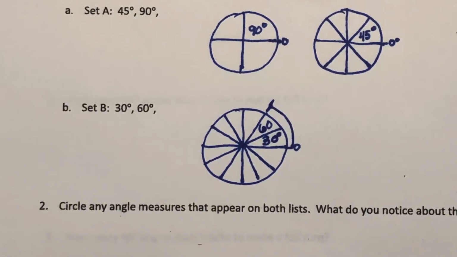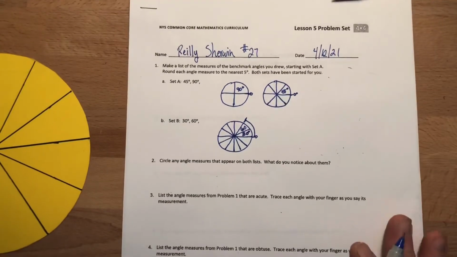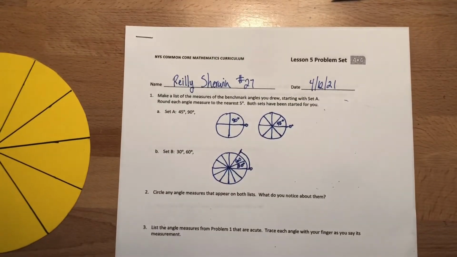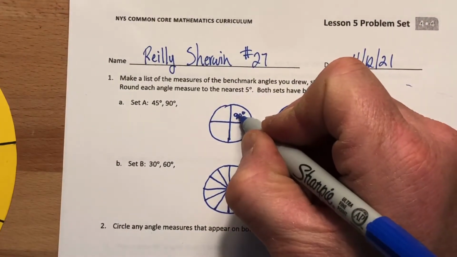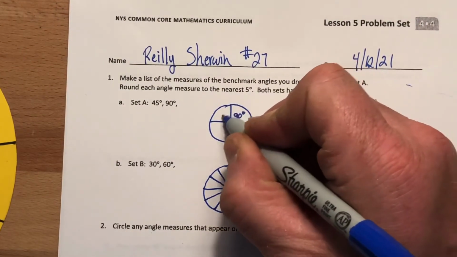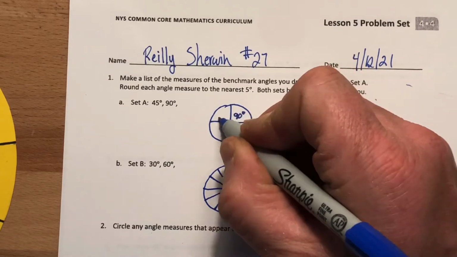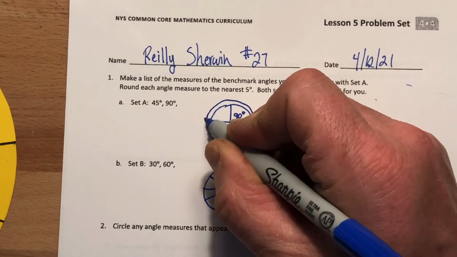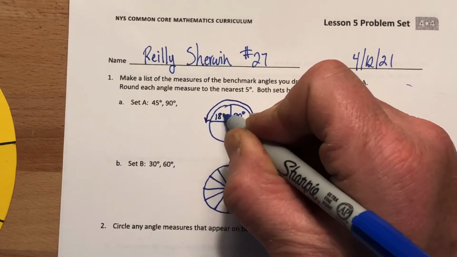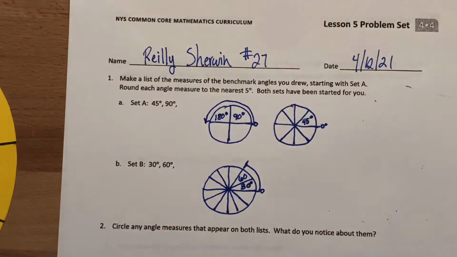All right, let's zoom back out again. Now, other angles we should know, really, is I need to know what 2 90s is, all right? So there's 90 and there's 90. So from here all the way around this circle to here would be 180 degrees, right?